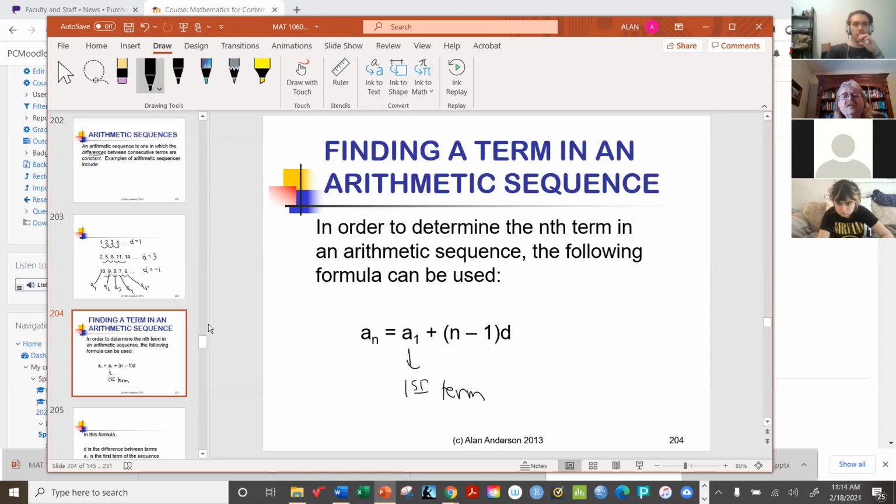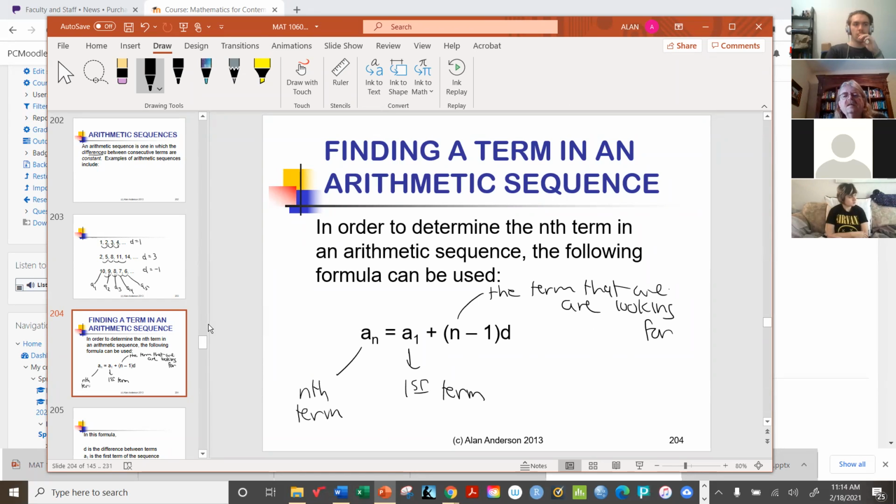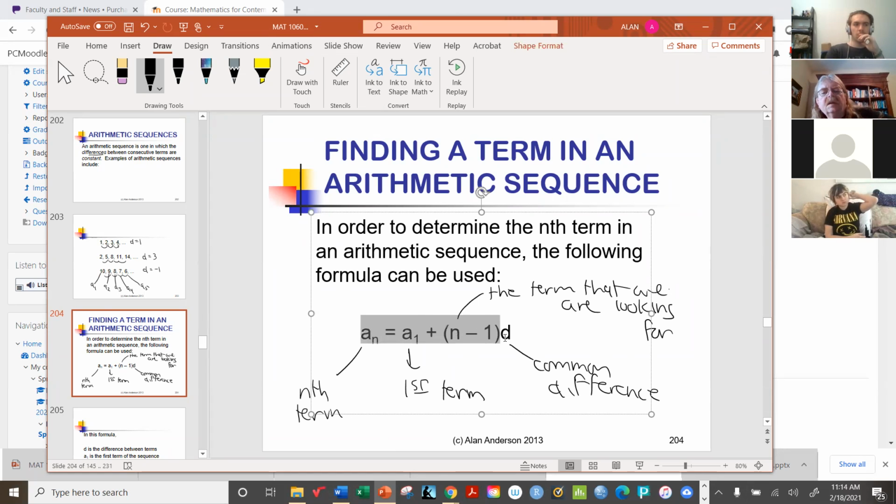Now, depending on what term I'm looking for, this is the nth term, it's called, which we're looking for. And D is the common difference. So once you identify all these numbers, then all you have to do is plug them in.